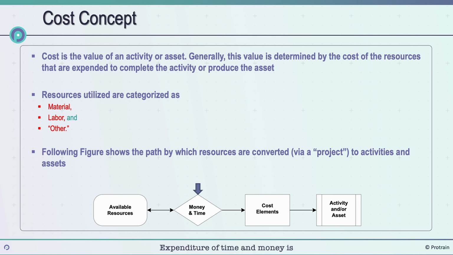Expenditure of time and money is done through several cost elements, and at last, the asset is built or the activity is completed. The final activity or asset produced depends on what can be afforded given the money and time allocated to the project. If you are wondering what are cost elements, we will discuss them in detail in a moment.